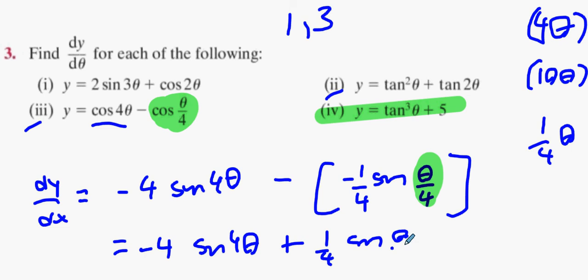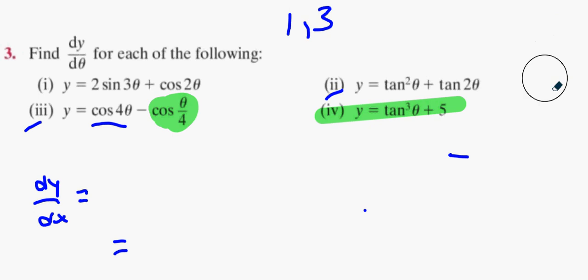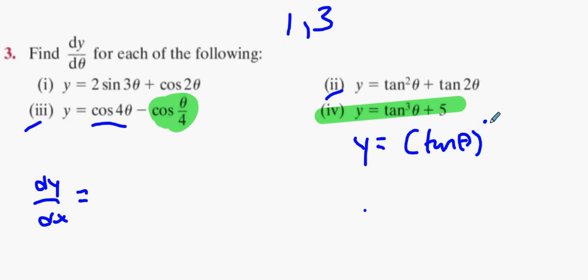Alright guys, try part 4 on your own. Before we differentiate, I'm going to rewrite it as y equals tan theta to the power 3. Alright, so when we differentiate, what happens to the 3?